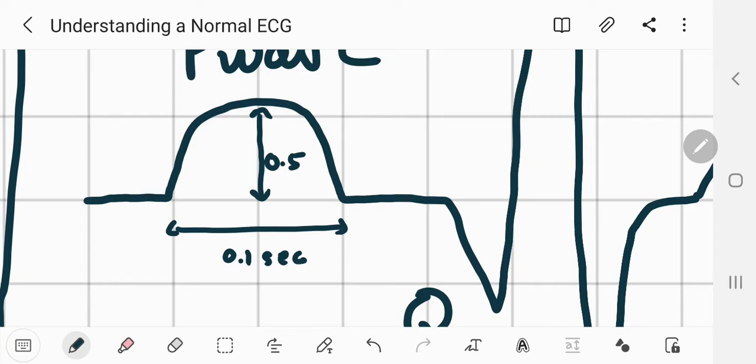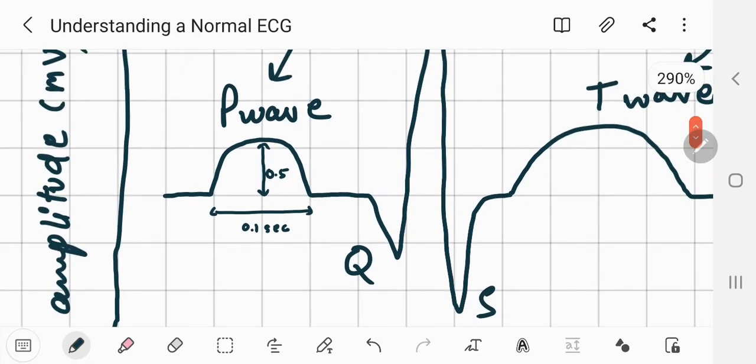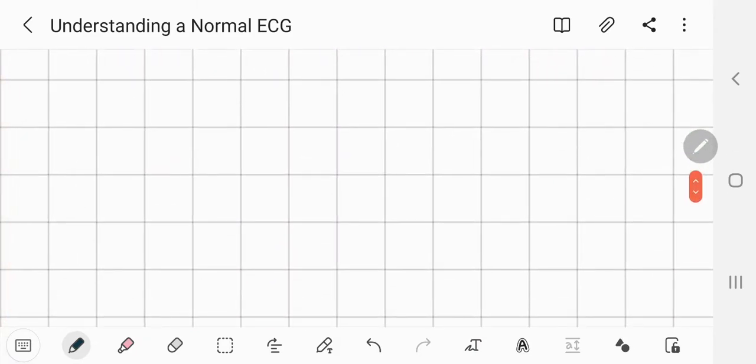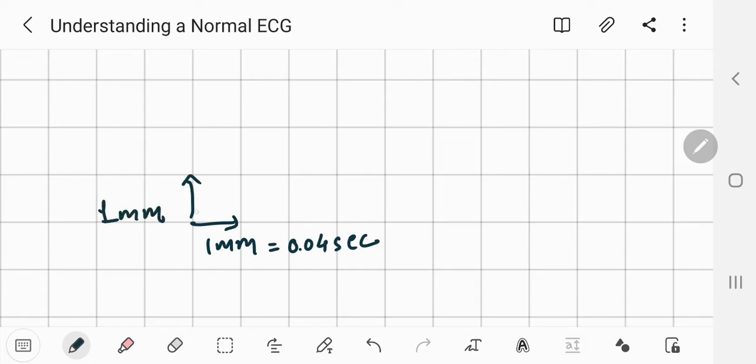Please do not go according to the boxes. These are not the right boxes for the P wave. Now when you say 0.5 millivolt, did I mention before that 1 millimeter on the time axis represents 0.04 seconds, and 1 millimeter on the y-axis represents 0.1 millivolt.